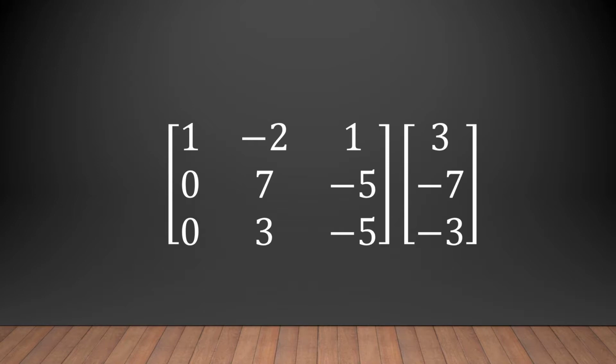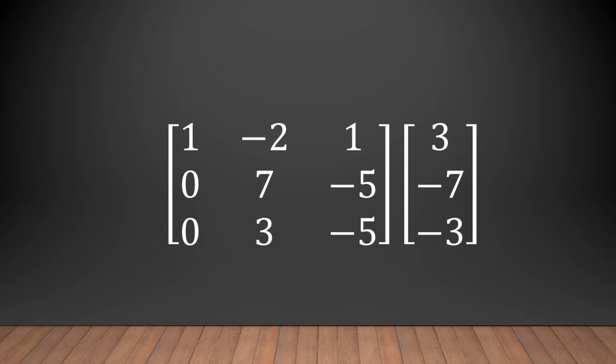Okay, so what do we do next? You remember that we go from the one we just did to the second position of the third row. So we're going to change that 3 into a 0. But before I do that, I'm going to do a little trick that will initially look like it's making the problem twice as bad, but in essence it is actually going to make the problem much, much simpler.